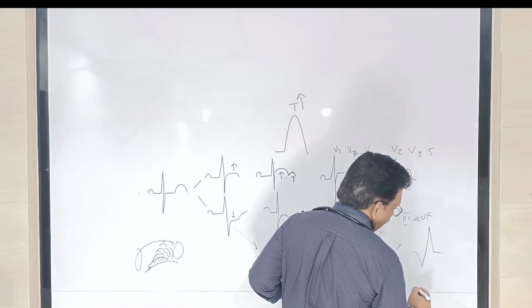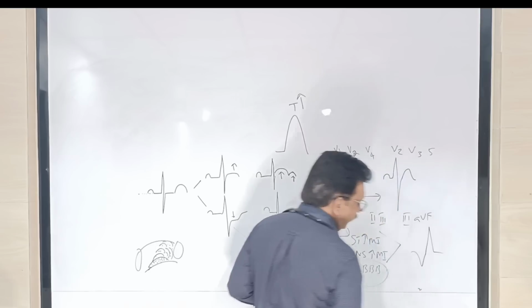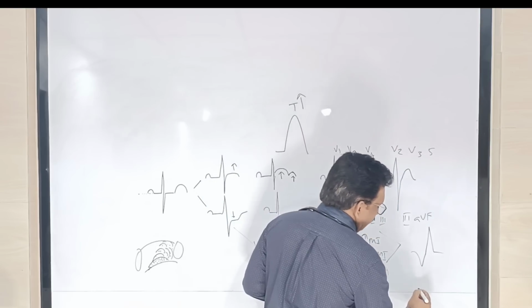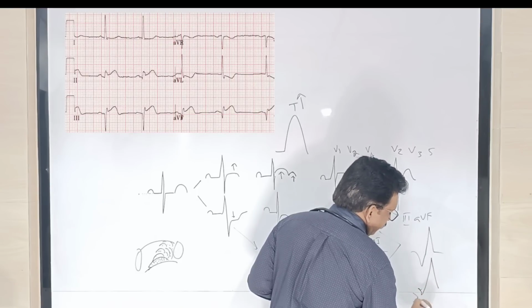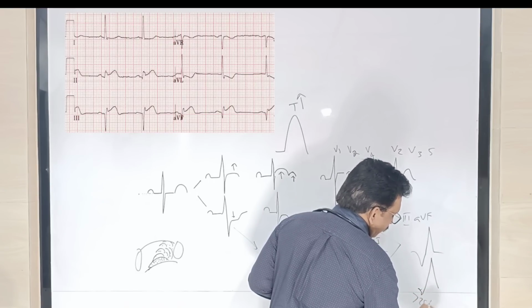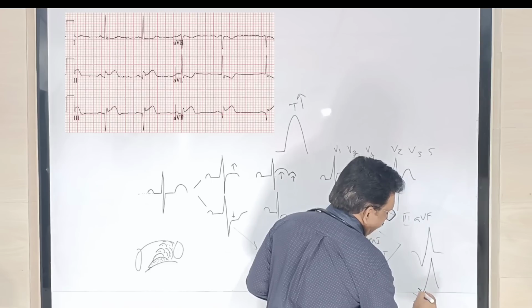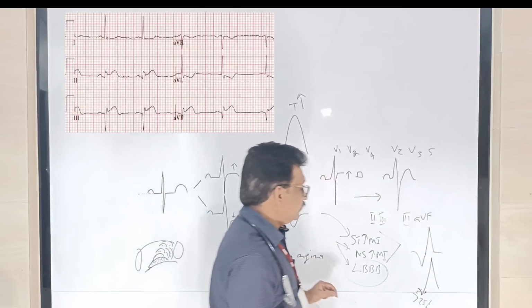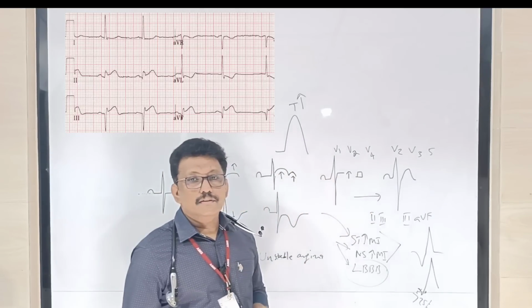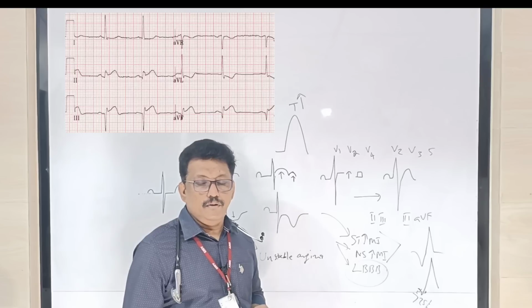Normally you can get a very small Q wave in many leads, but a deeply inverted Q wave more than 25% of the following QRS complex, or a wide Q wave more than one division, you have to suspect is a significant Q wave.